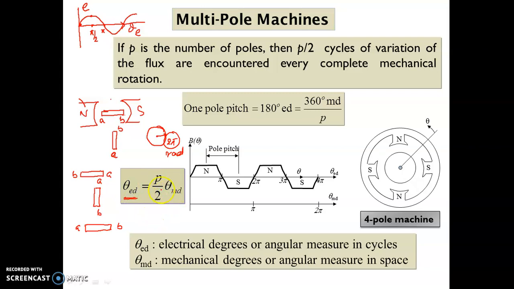Here, suppose P equal to 2. Let us consider if the poles are 2, so theta electrical will be P by 2, which cancels, theta mechanical. In this case both will be same. But if the poles are 4 as shown here, theta electrical equals 4 by 2 into theta mechanical.